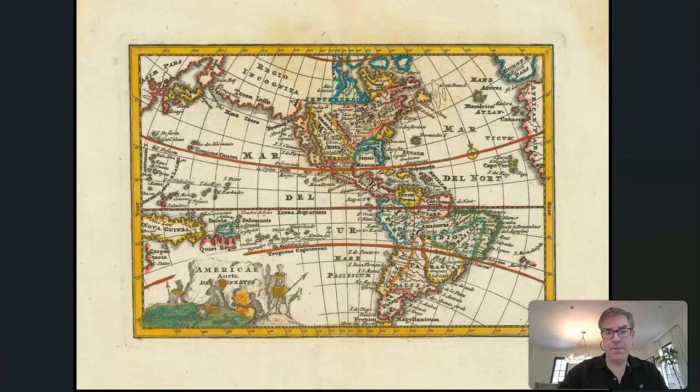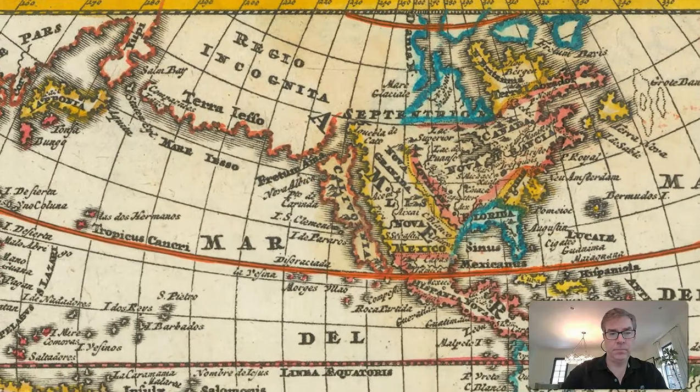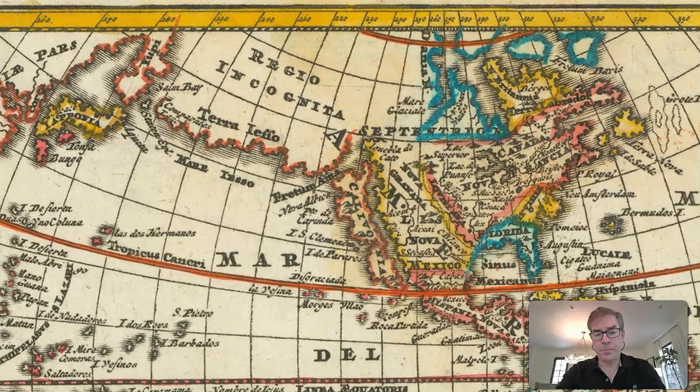But in other maps during that same time, you see a land of Jesus again, but it begins to be called an unrecognized or unknown region, regio incognita.